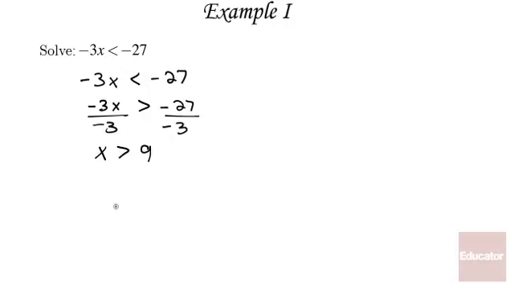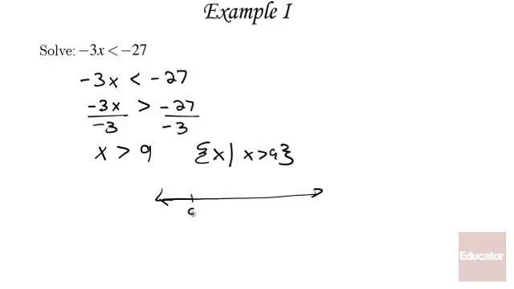I can leave it just as an inequality, I can use set notation to show this, and I can also graph it on the number line. Graphing it on the number line, I'm going to use an open circle since it's a strict inequality, and show that x is greater than 9, but that 9 is not part of the solution set.